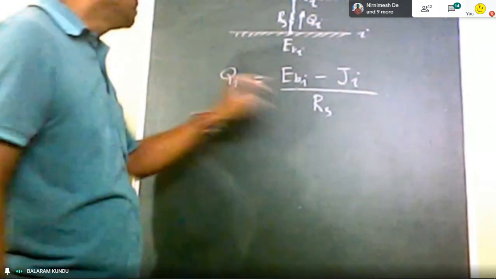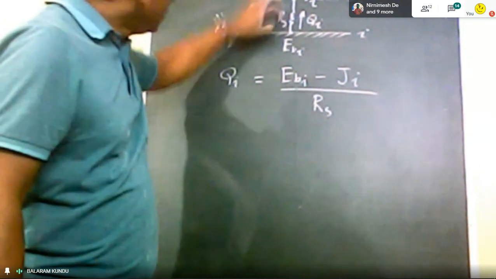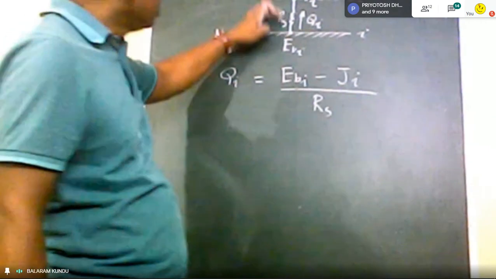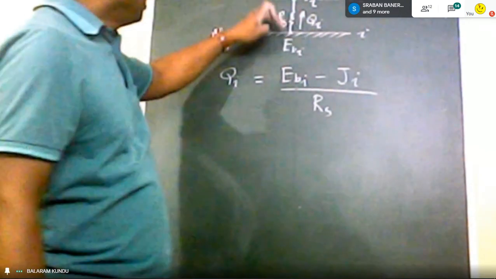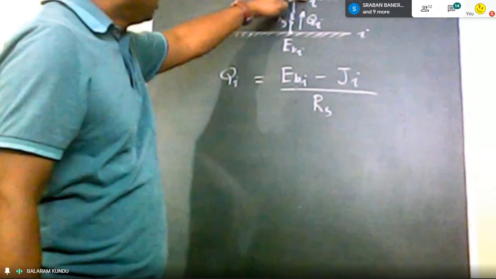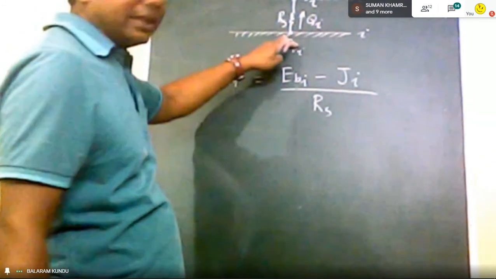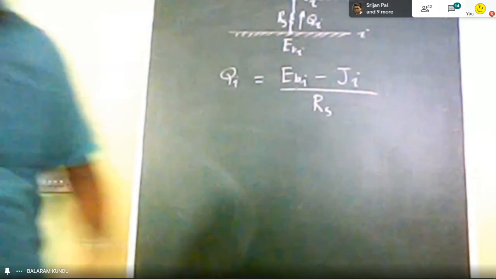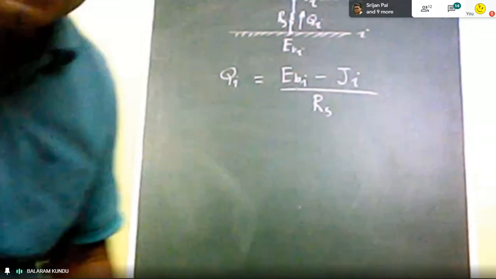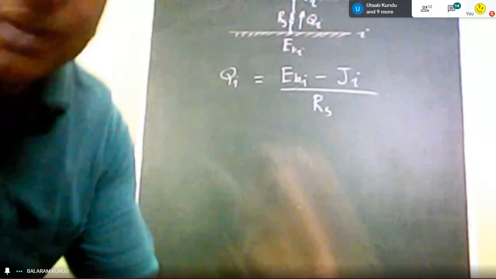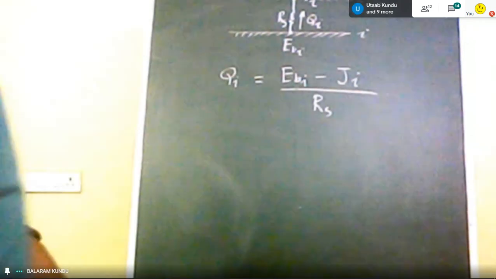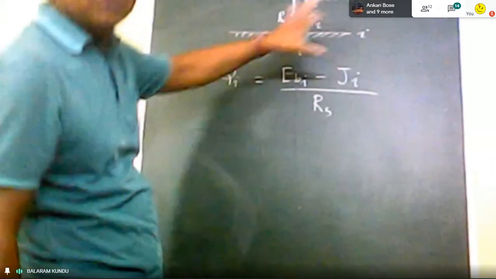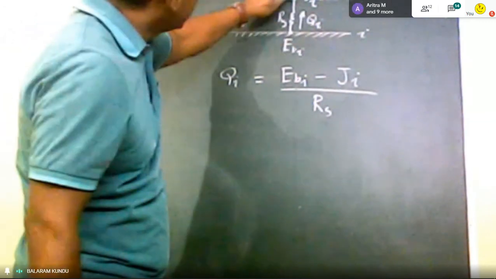For a black body there will be no thermal resistance, so Rs would be 0 for a black body, and Ji will coincide with Ebi in that case. So this point should be here.